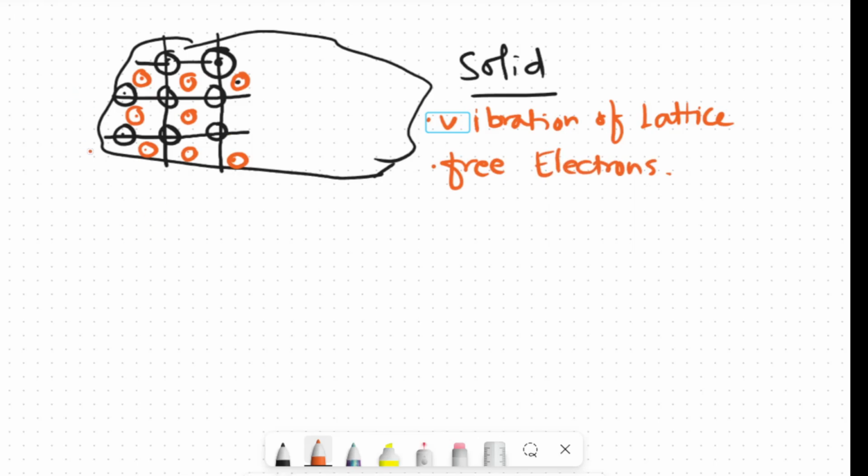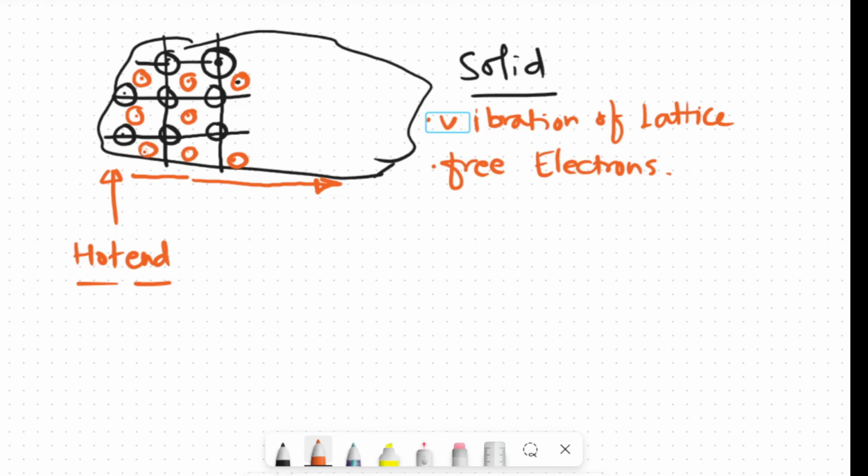So, if I have a hot end here and on this side, what will happen? The molecules on this side will get more energetic. Because of that, there will be vibrations, and that vibration will pass on towards the right hand side. At the same time, the molecules on the left side will get more energetic.